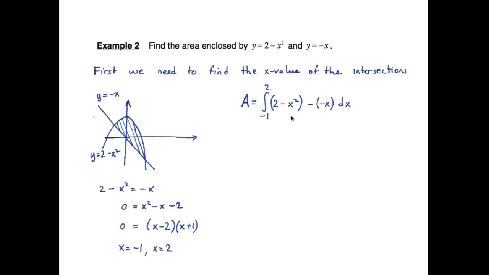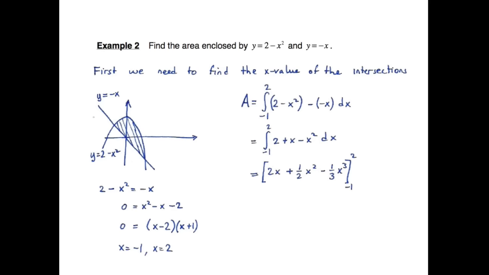You can see here that I only wrote one integral, the integral from negative 1 to 2 of the curve that is above minus the curve that is below. 2 minus x squared minus negative x is 2 plus x minus x squared. That's a polynomial. It's the easiest kind to integrate.